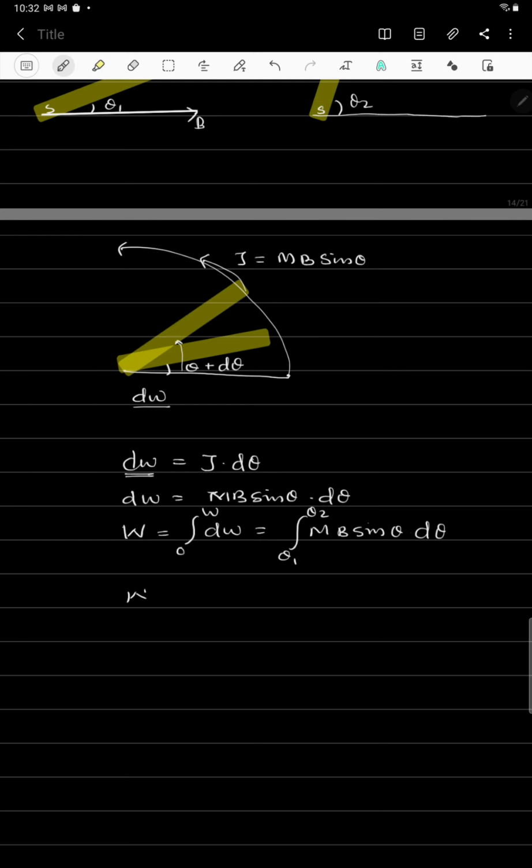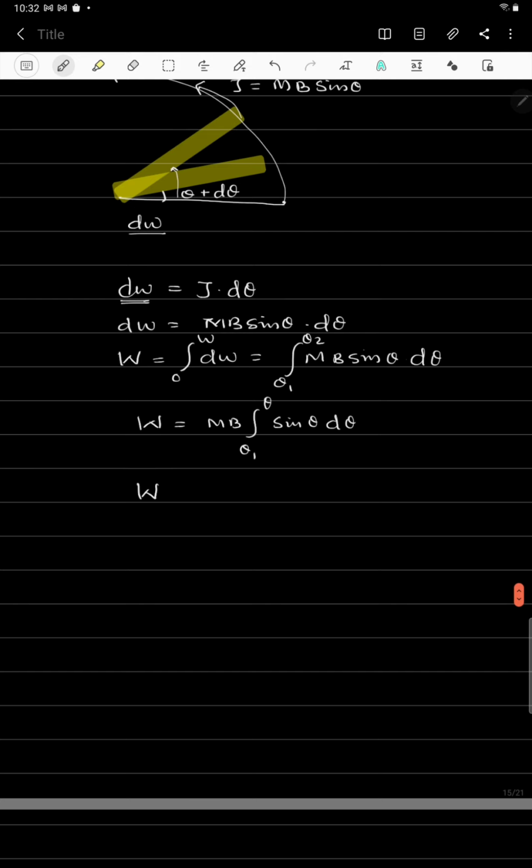So therefore the equation becomes W equals mB times the integration over the limit theta 1 to theta 2 of sin theta d theta. If you integrate this sin theta, what will you get?